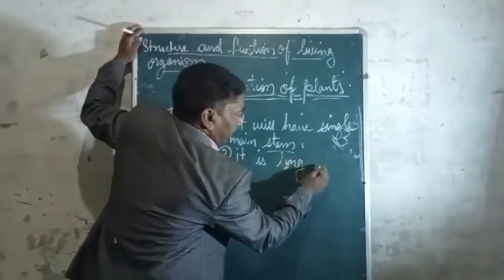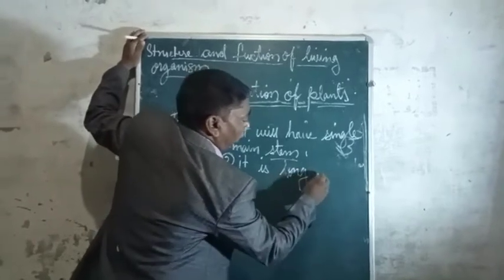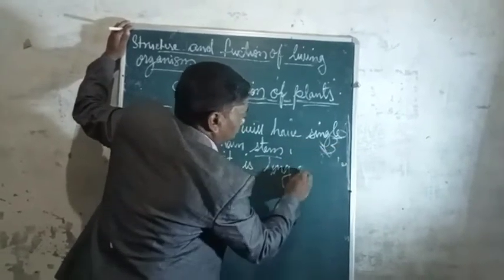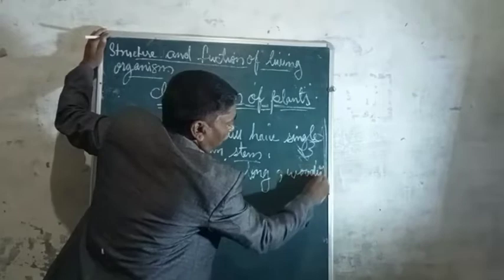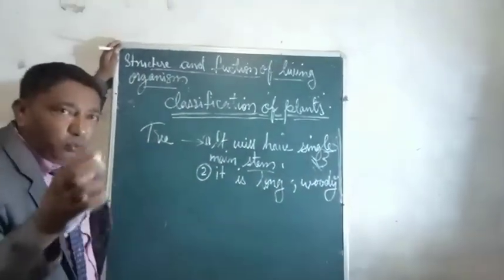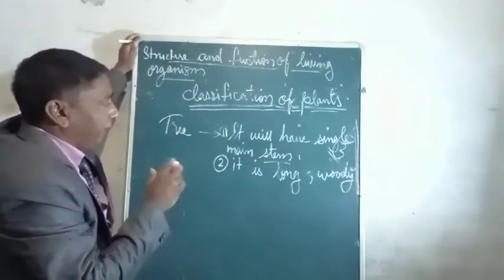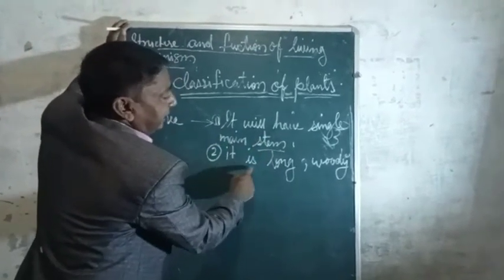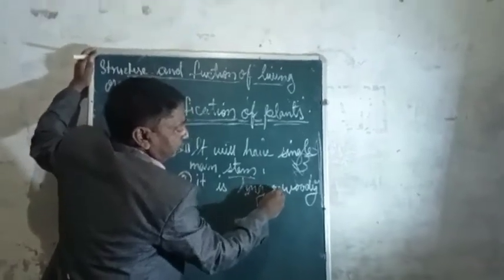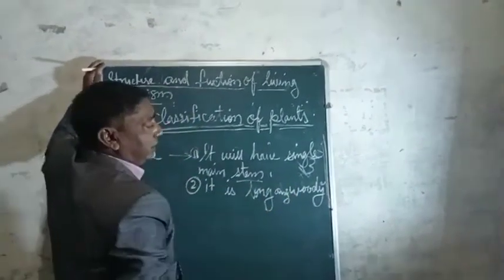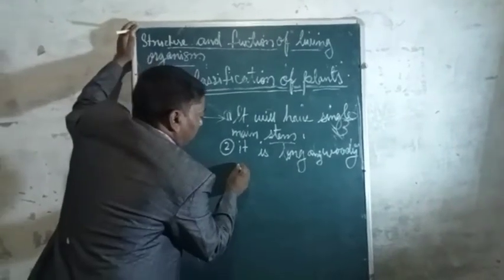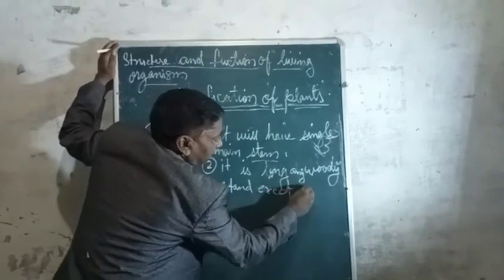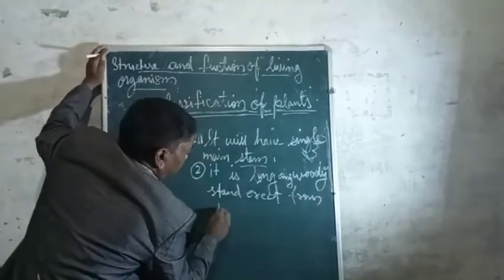It is long and woody. Woody means wood is present in the plant. It stands erect from the ground.